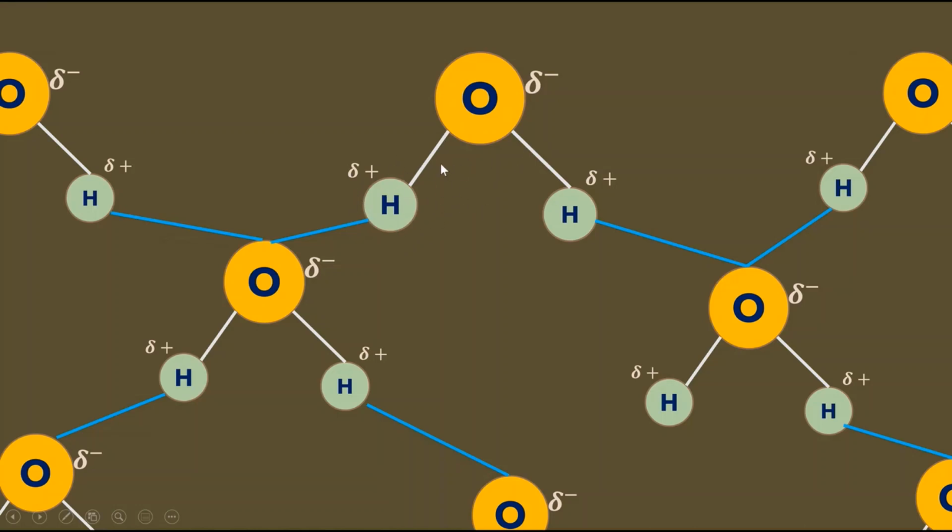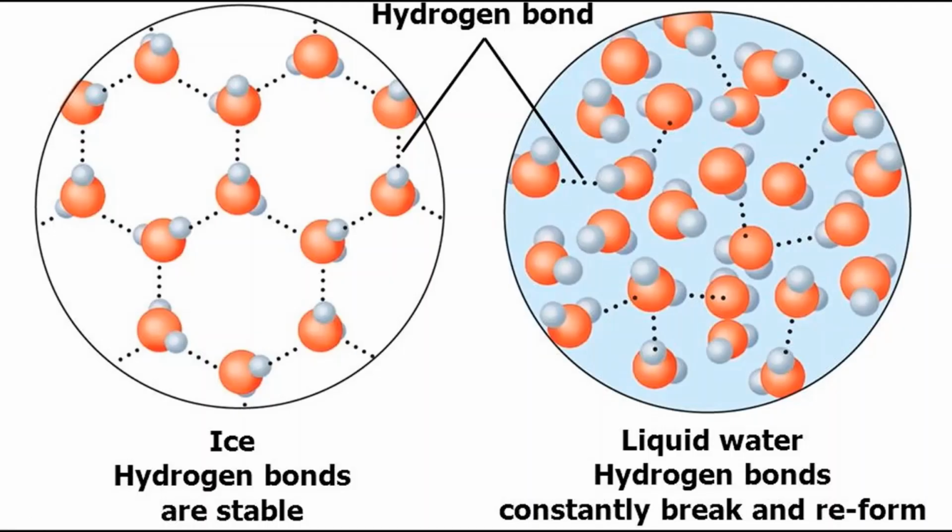The vibrations are very strong, but they're not strong enough to completely separate the water molecules. So the molecules start sliding on each other, but the hydrogen bonds will still be there.